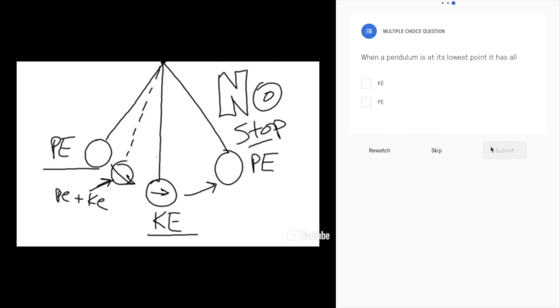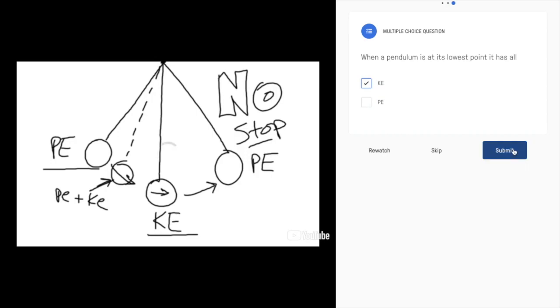Next question. When a pendulum is at its lowest point, it has all KE or PE. Again, let me repeat the question. When a pendulum is at its lowest point, it has all KE or PE. Did you say KE? Let me check that for you.